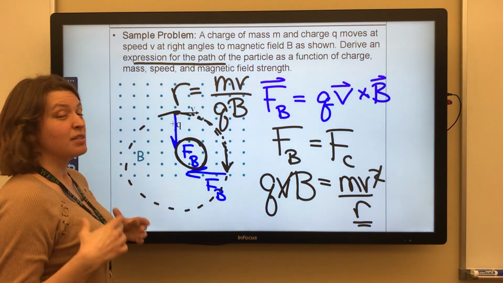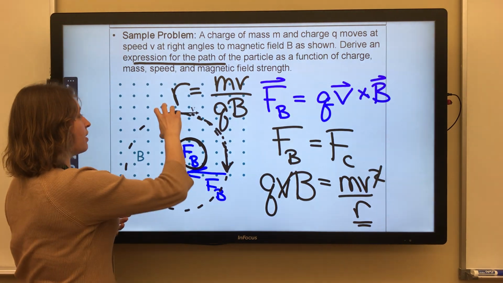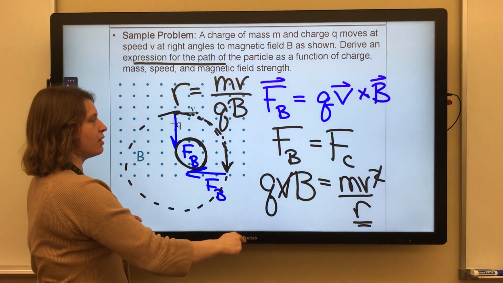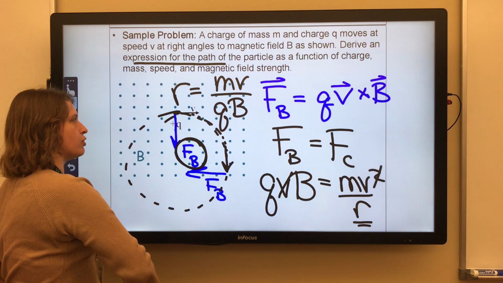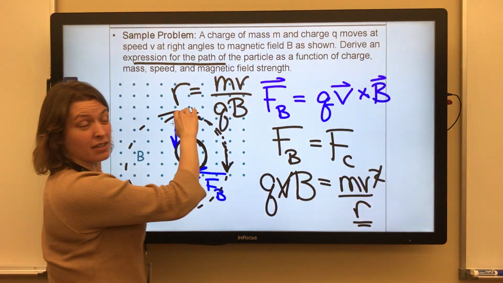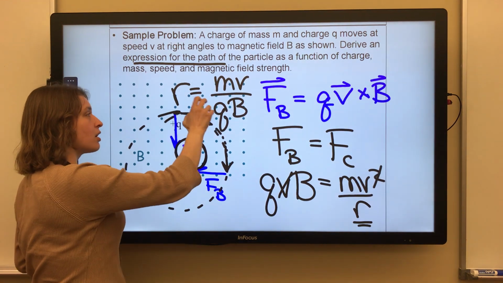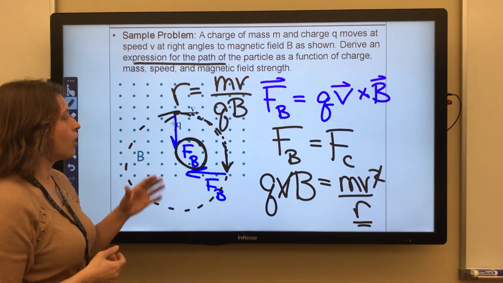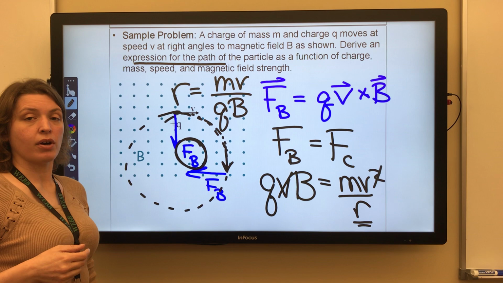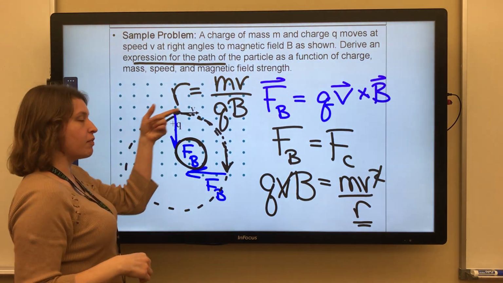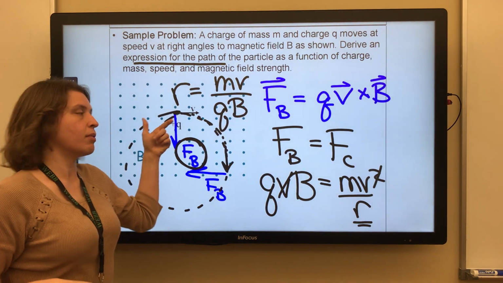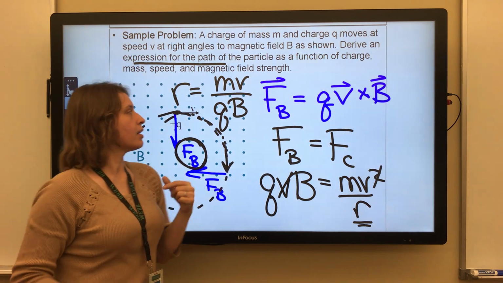So as the mass of the particle increases, if I have a heavier particle and everything else is the same, it's going to go through a larger circle. Same as if it's faster. If it has more momentum basically at the start, it's going to be harder for it to turn. It's harder for that magnetic field to turn the particle and change its path and keep it from moving in a straight line direction with its initial momentum and inertia.